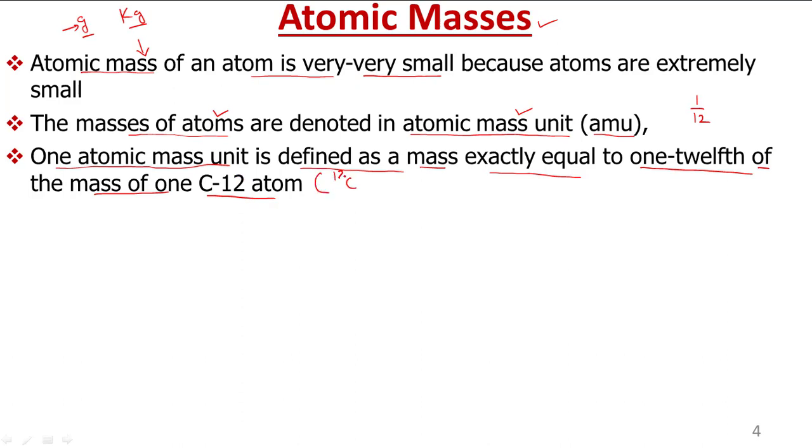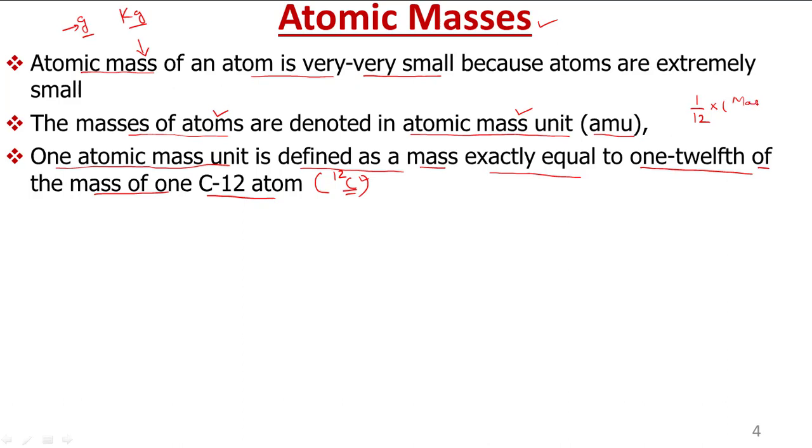We will discuss isotopes in our next slides. So 1 AMU is 1/12th of the mass of a single carbon-12 atom.